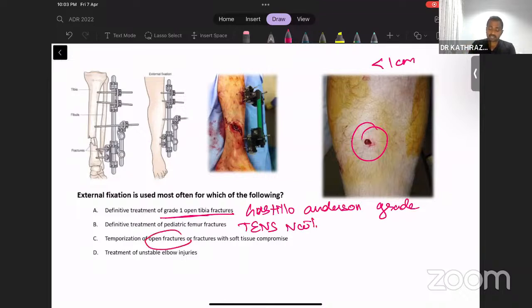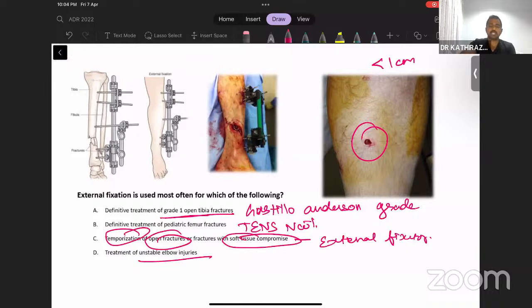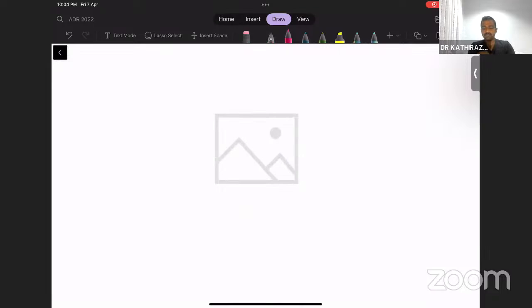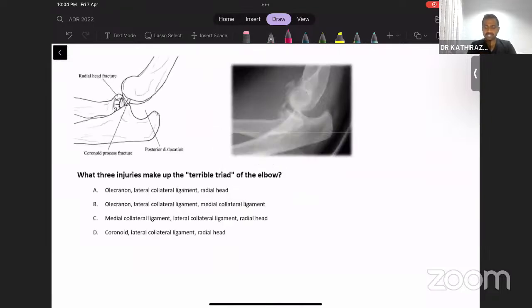Only for an open fracture with soft tissue compromise, as a temporary treatment, you are going to use an external fixator. For unstable elbow injuries, you are not going for external fixation; you are going to find which ligament is the problem and fix it with anchors. Easy. So the answer is C. Correct. I made it a bit easy.